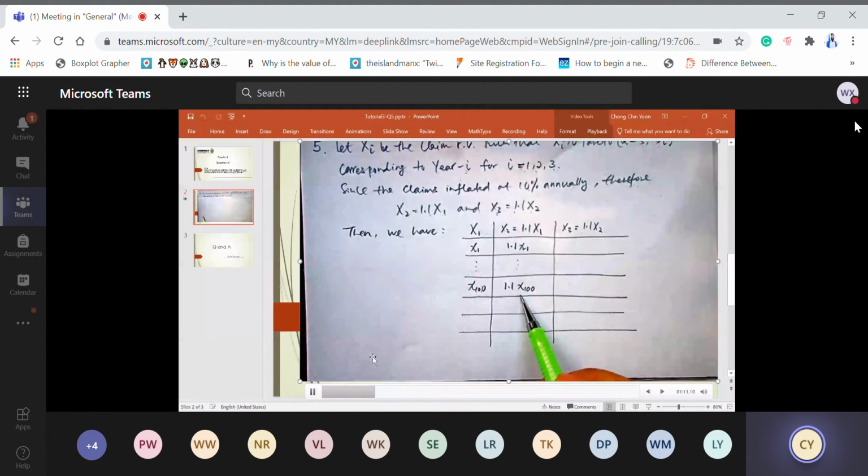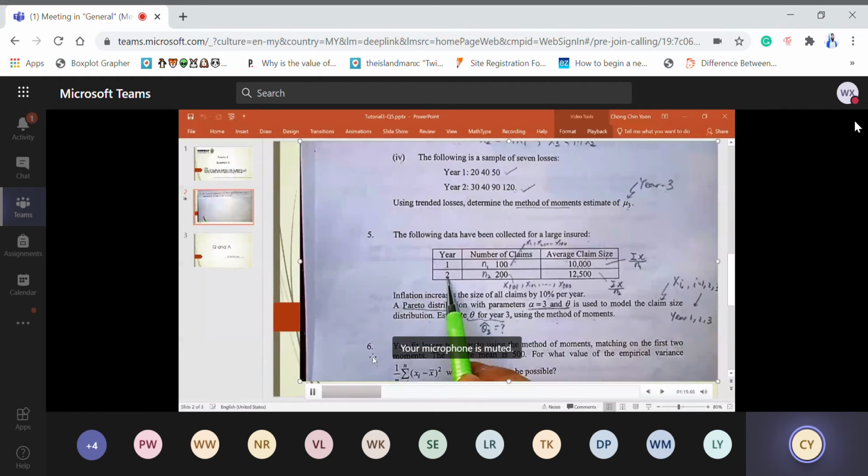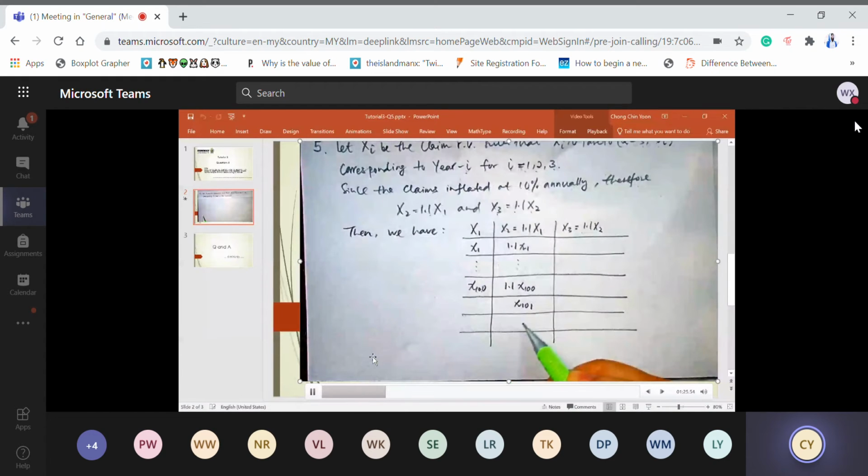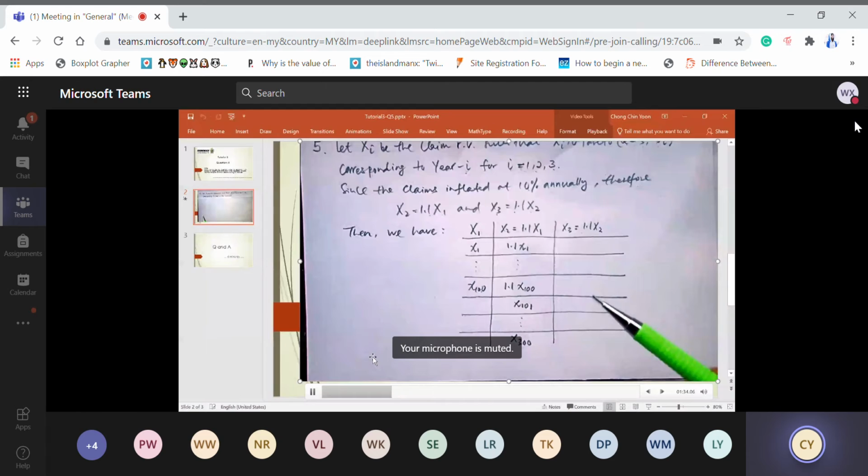We are also given that we have 200 data points in year 2, namely X101 until X300. So altogether we have 200 data points here, and 100 data points here.